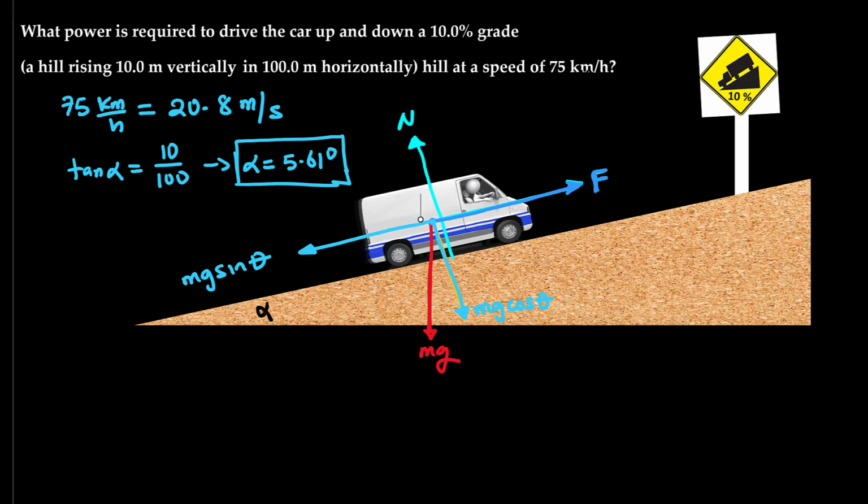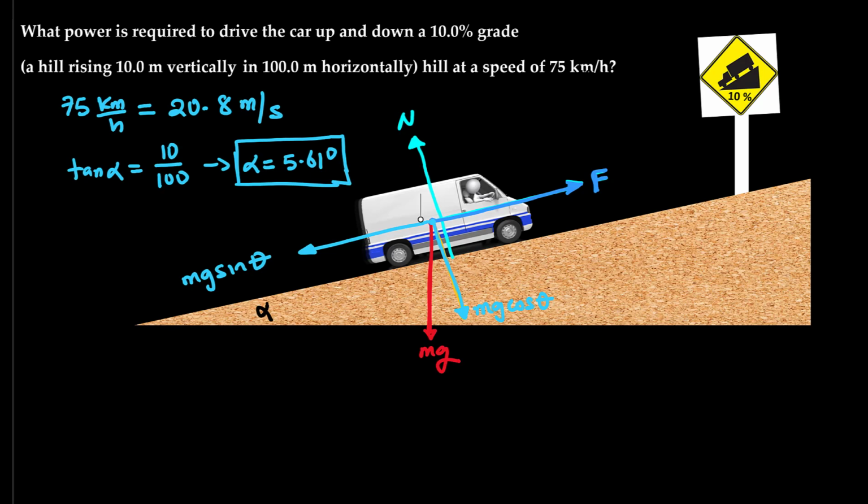And therefore, if gravity does negative work, this is important. For the car to maintain the same speed of 75 kilometers per hour, it needs to provide extra power to counteract the negative work done by gravity on the car. Let me say that again.